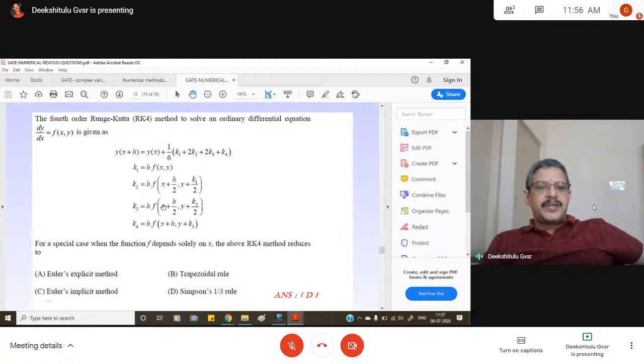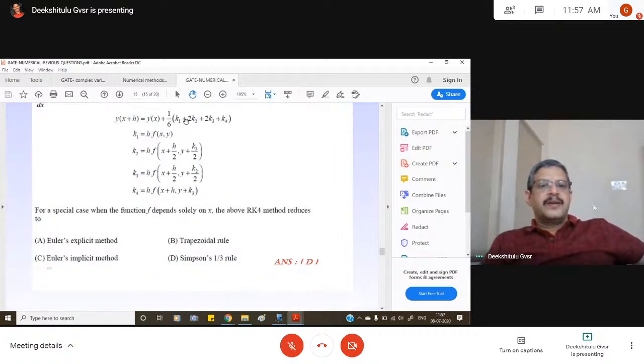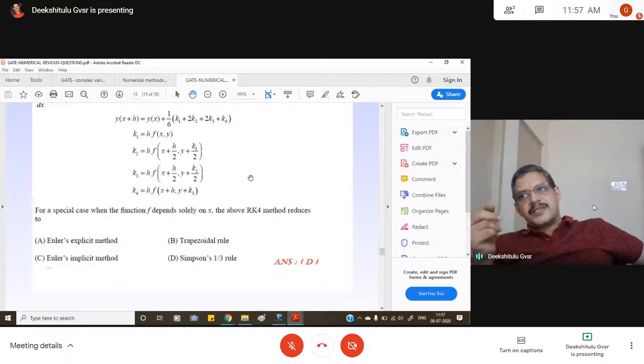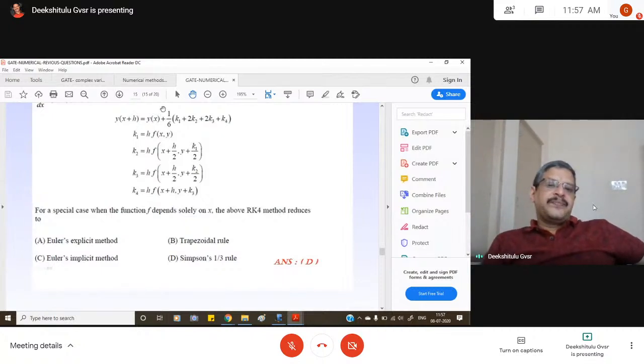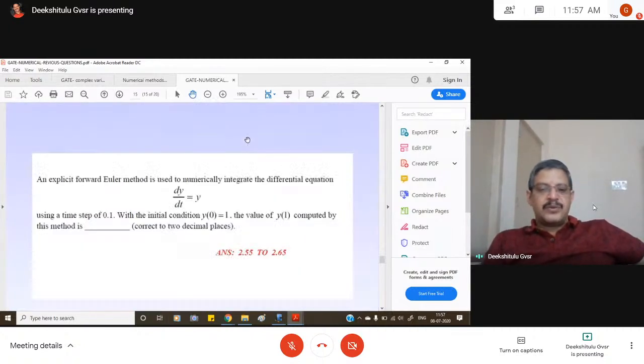So these two things will be the same: f(x + h/2) and f(x + h). This becomes 4, 2k2 plus k3, these two things become 4k2 plus k3, and the last point. So that comes out to be Simpson's one-third rule. What are the coefficients in Simpson's one-third rule? First term plus last term, plus 4 into, that comes out. This method becomes Simpson's one-third rule.